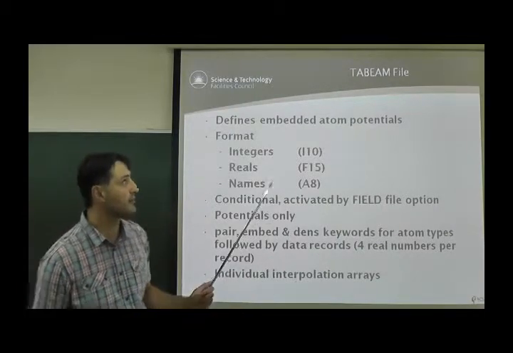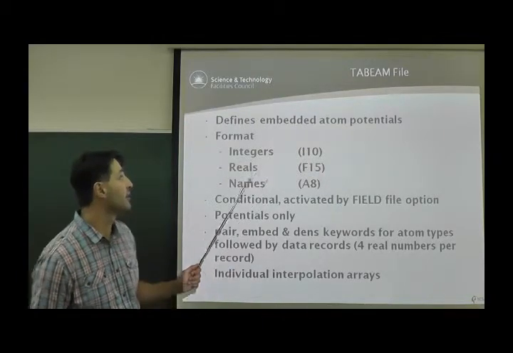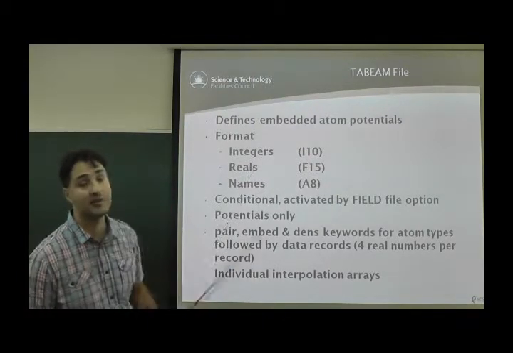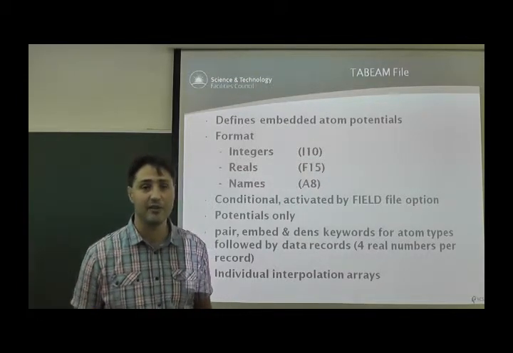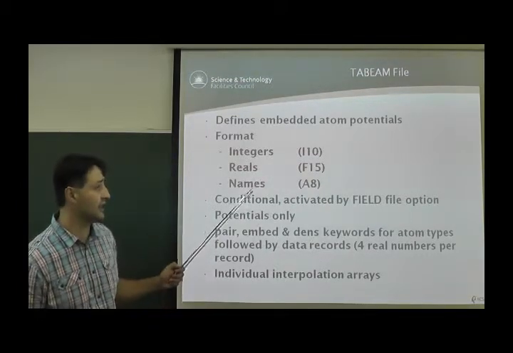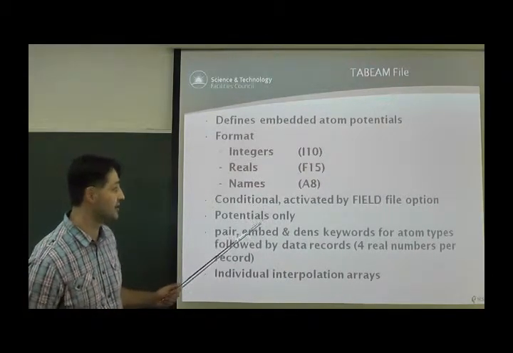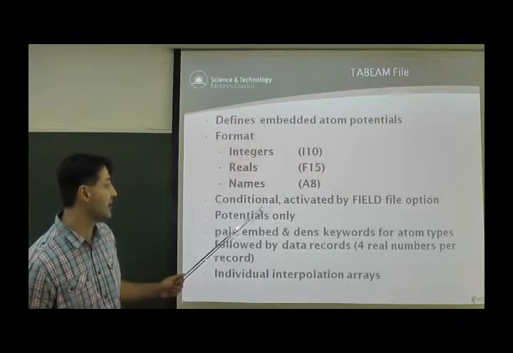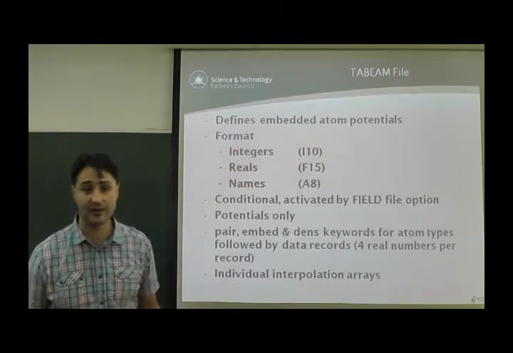And the better model file, the TABM file, the structure is a little bit more complicated. If users are interested, they can read about it in the manual. But essentially, again, we have some strings, some integers, and some real numbers that are read and parsed. Again, it's conditional. It only happens when you use the embedded atom model.